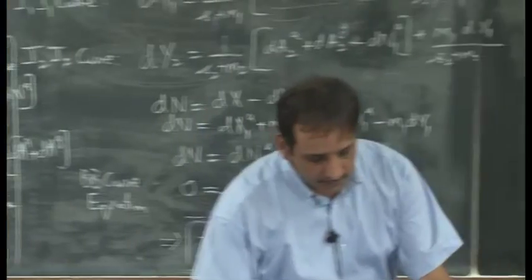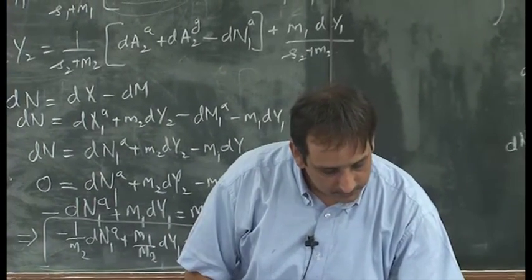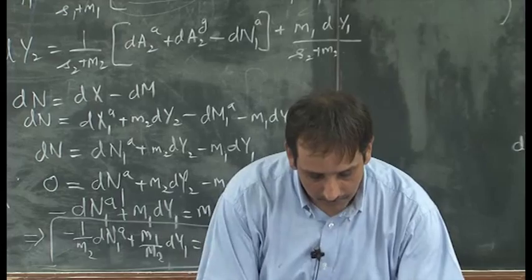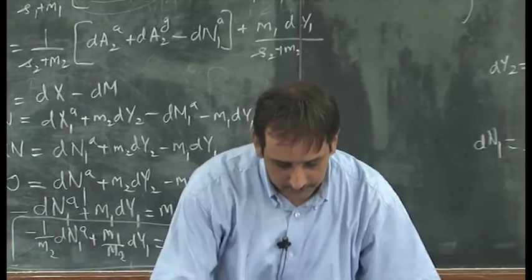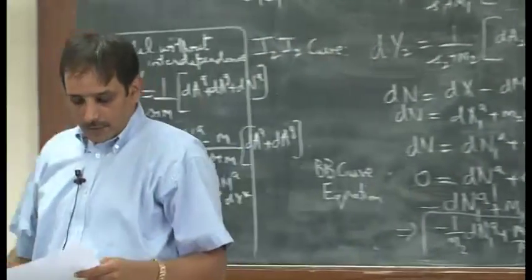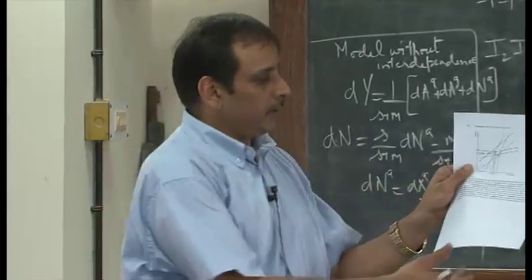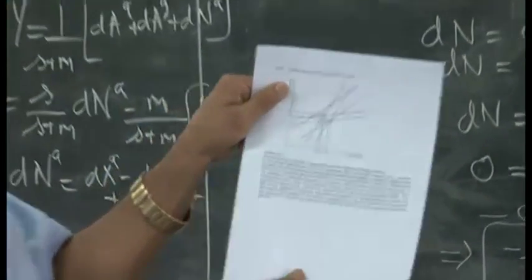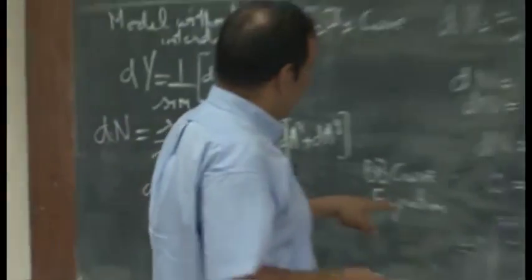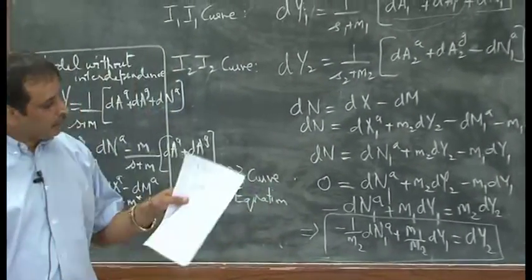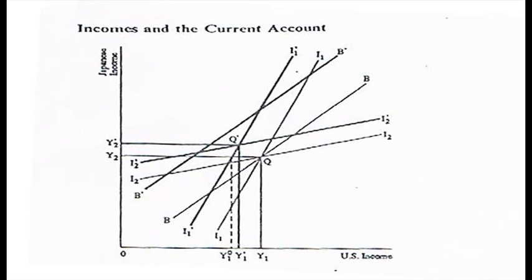Now look at the other handout, which is page 342 of Peter B. Kenen's book. It seems that it's a complicated diagram, but if you are clear on what the I1, I1 curve's equations, the I2, I2 curve's equations, and the BB curve's equations are, you will not have any difficulty in understanding the diagrams.